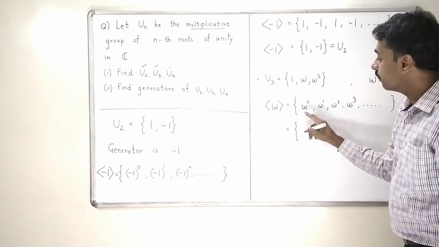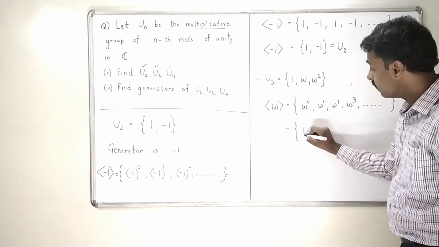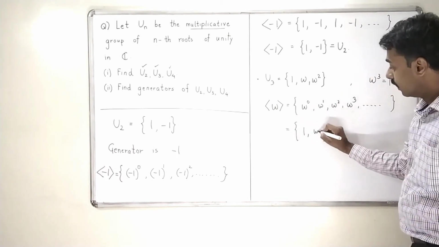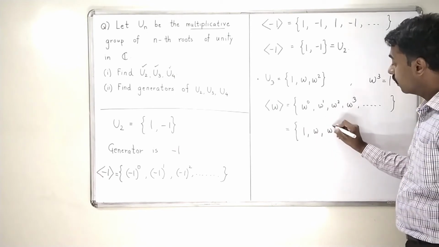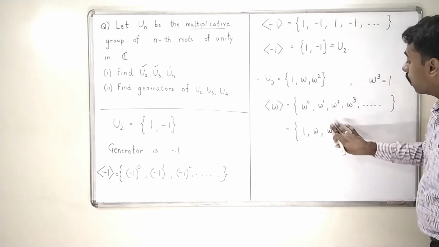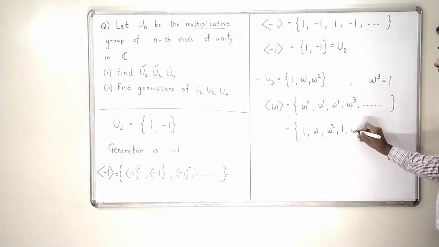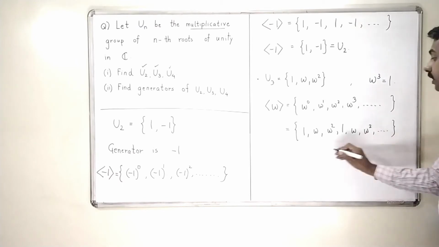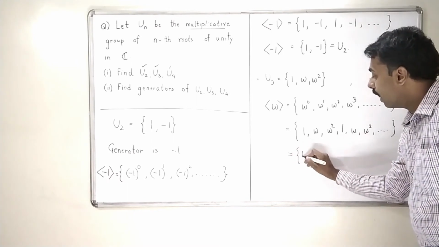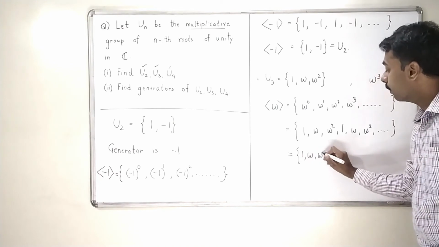What is omega power 0? Omega power 0 is 1. Omega raised to 1 is omega. Omega square is as it is. What is omega cube? Omega cube is identity. So you will again get all the powers repeated again and again, all elements. So this set is nothing but 1, omega, omega square.